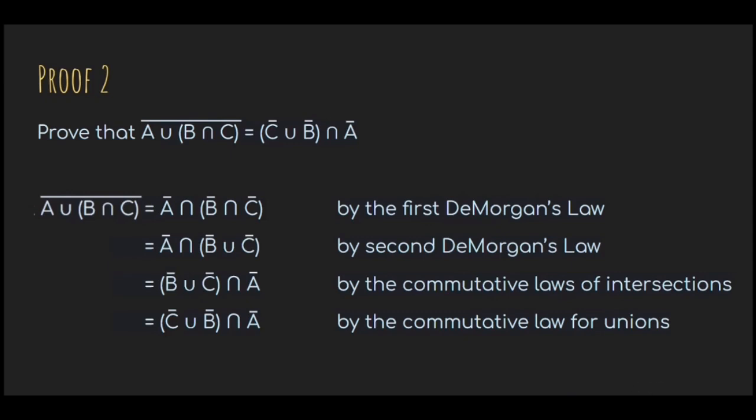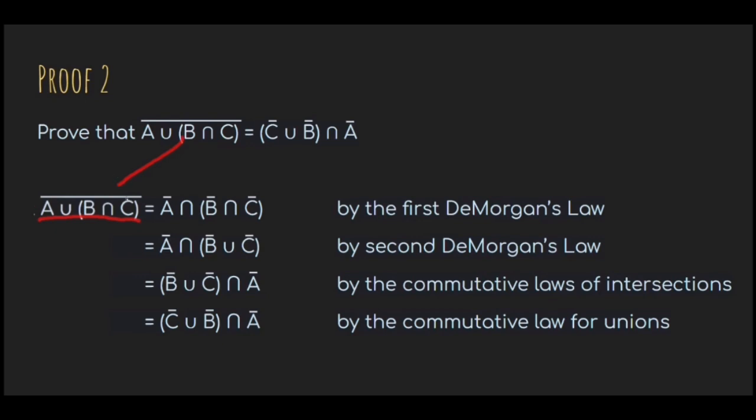Let's prove that the complement of A union B intersection C is the same as the complement of C union the complement of B intersection the complement of A. Okay, so first we look right here.